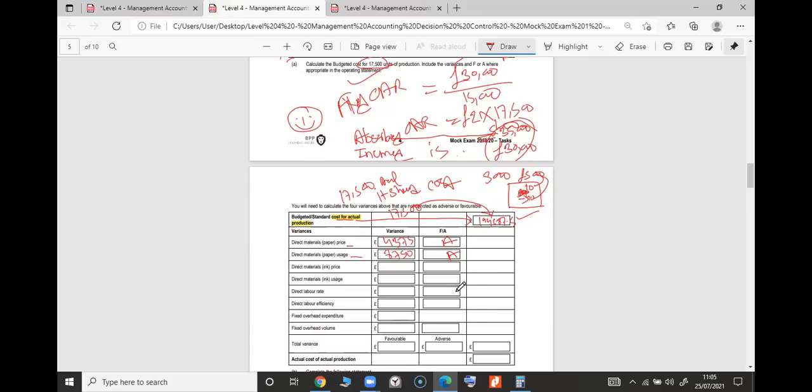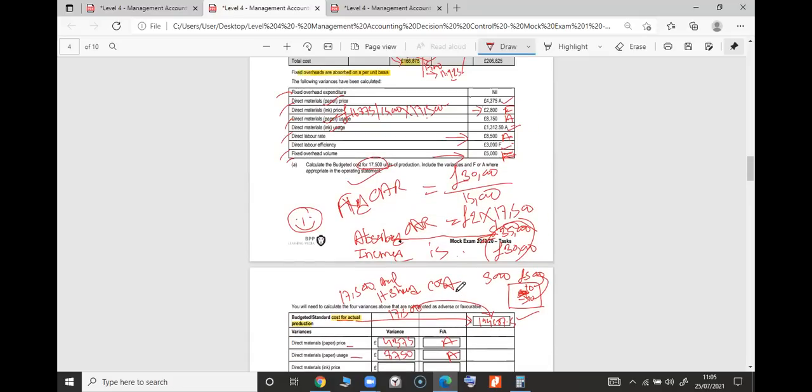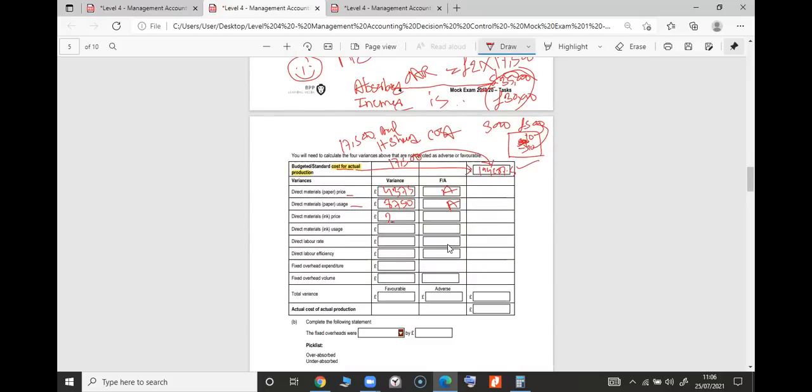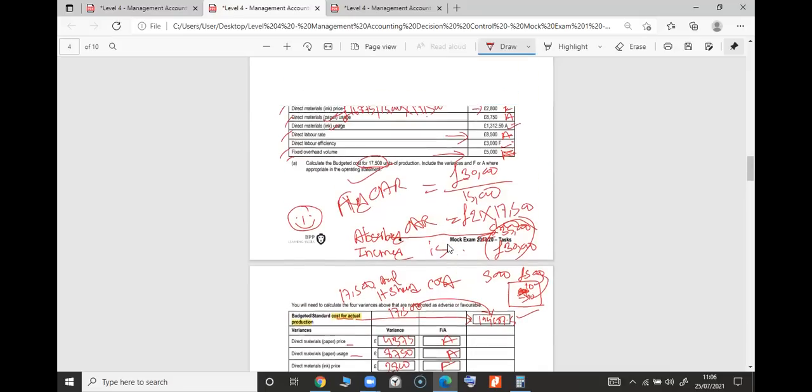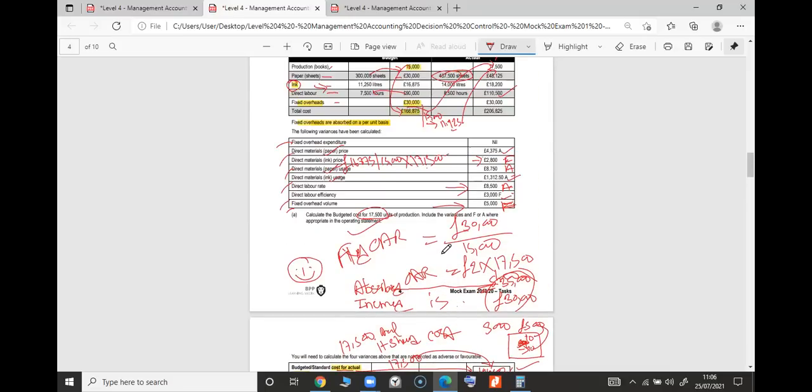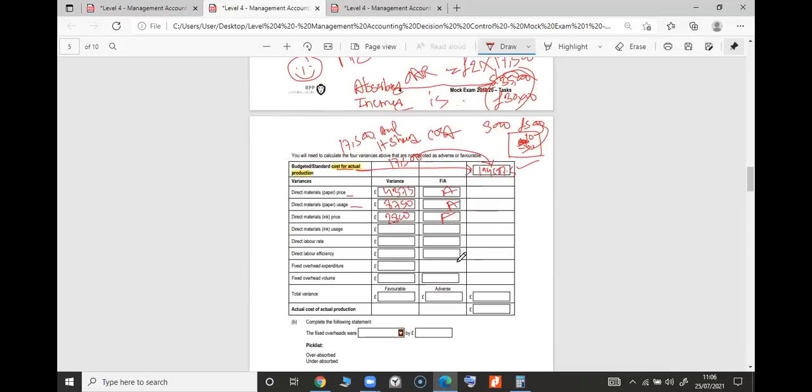Material ink price. Where are you? Ink price, I found it. It's 2,800. Favorable. Material ink usage is 1,312.5 adverse. So 3 adverse, 1 favorable only so far.